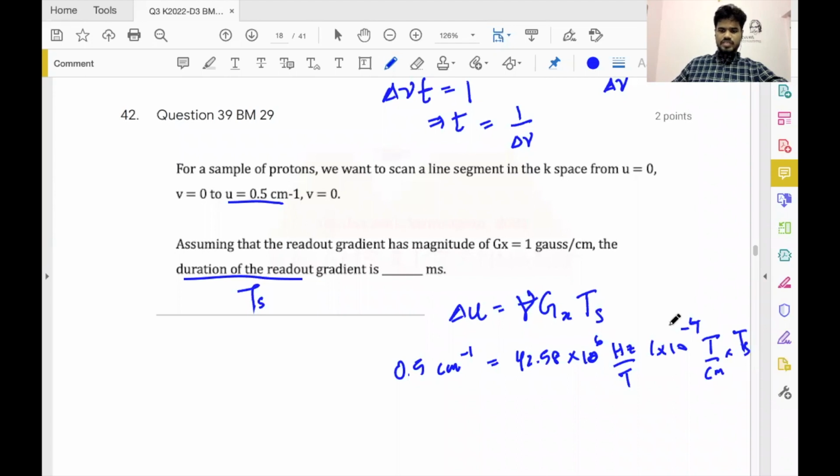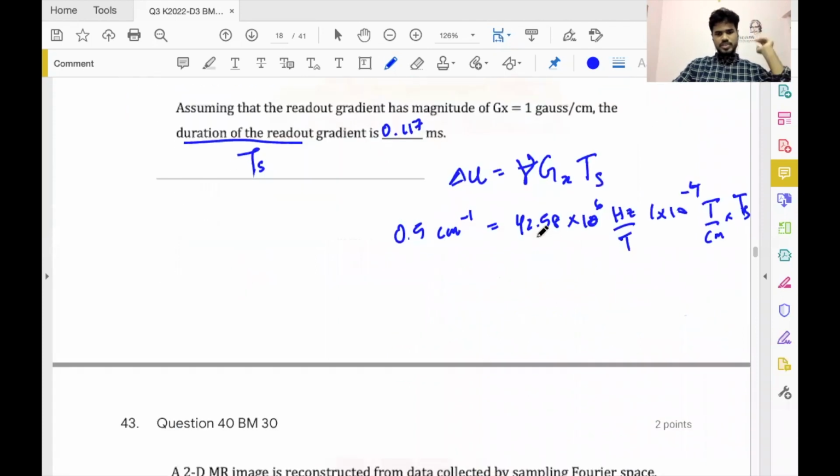If we take everything to this side, we get Ts in seconds, convert that into milliseconds, and we should have 0.117. Two of you have the number, so we'll take that.